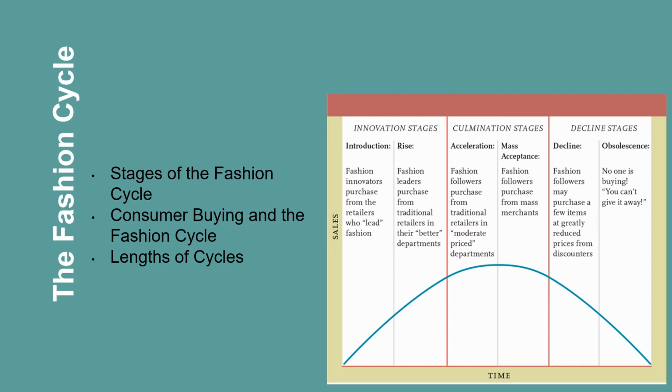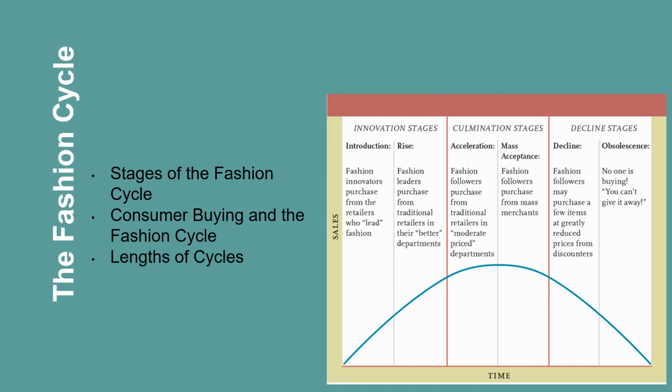In all honesty, most new styles are introduced at a higher price point, in higher price merchandise, and then it moves along the cycle to us as regular consumers. I'm sorry, I said introduction stage. It also is known as the innovation stage for the higher-end garments.